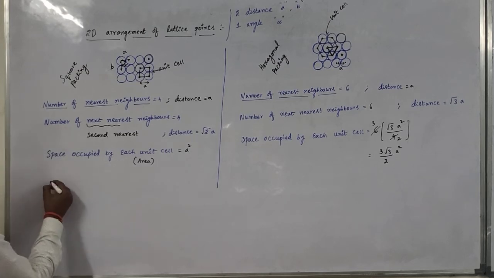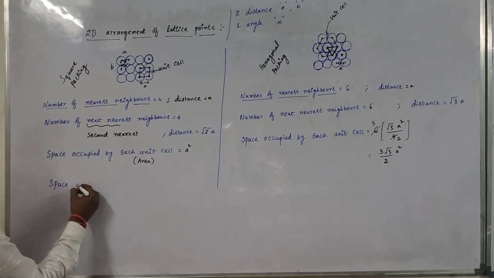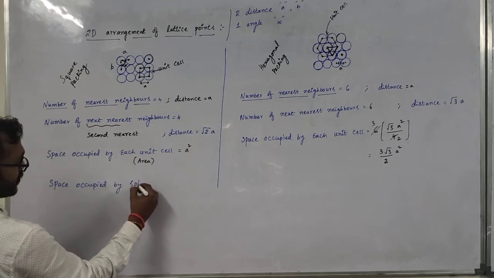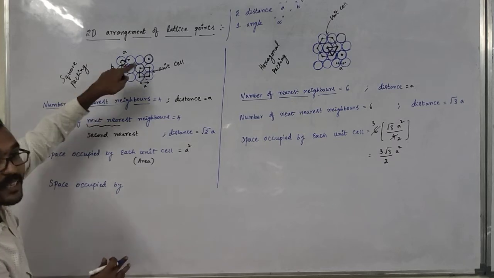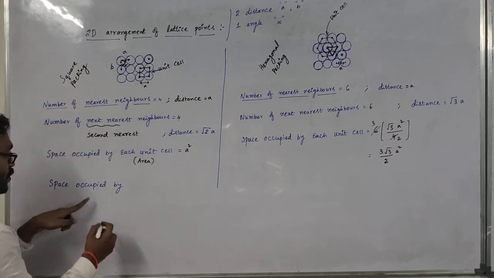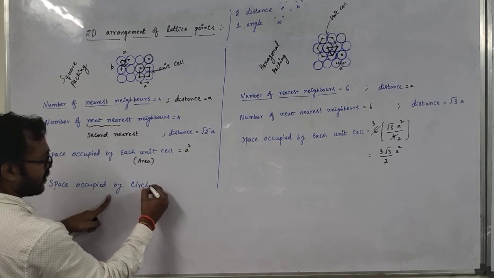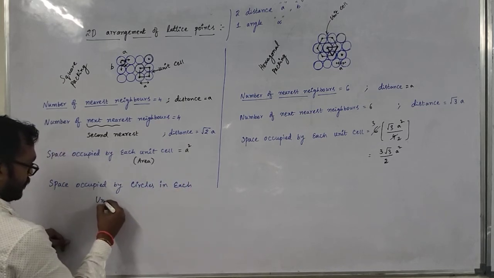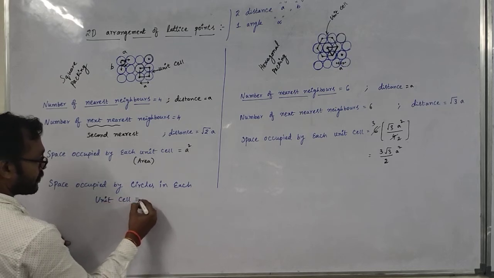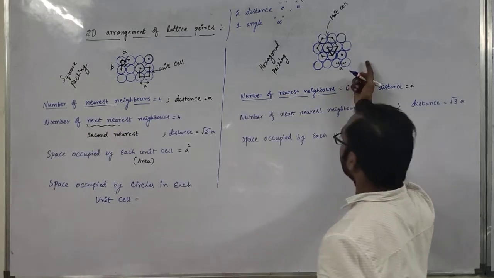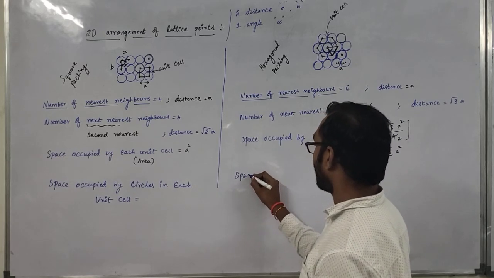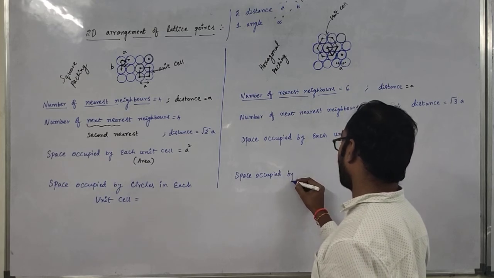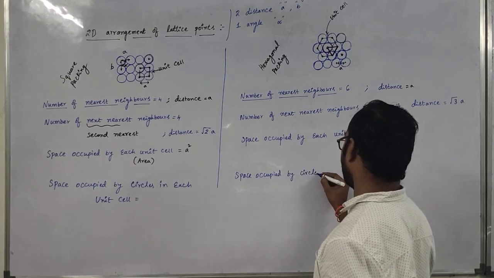What is the space occupied by spheres in the unit cell? Here I don't call them spheres, we call them circles, right? So the space occupied by circles in each unit cell. Here also it is two dimensional.